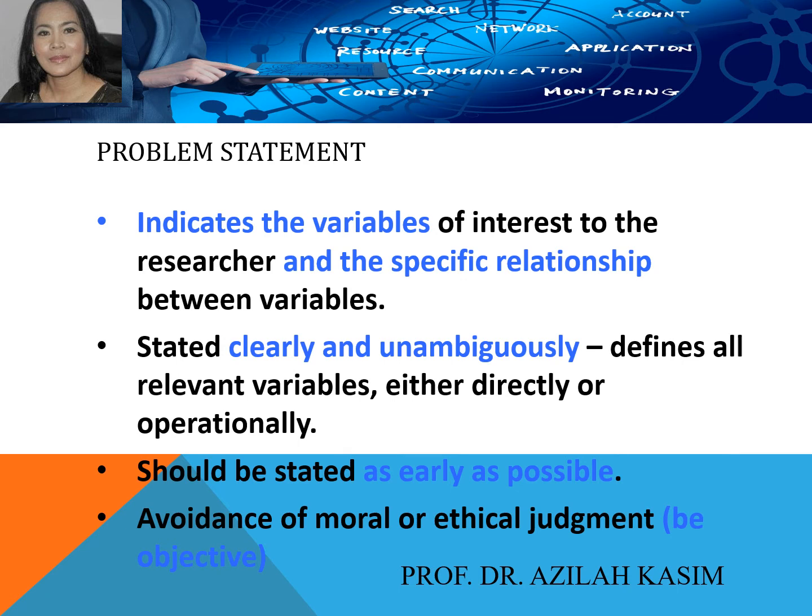Yeah, you don't want to do that. A problem statement has to be very clearly written. Yeah, it defines all relevant variables either directly or operationally. Yeah, I think you remember what operational definition is about. Yeah, so you have to make sure you define all your constructs, all your concepts, all your variables, generally and operationally. Okay.